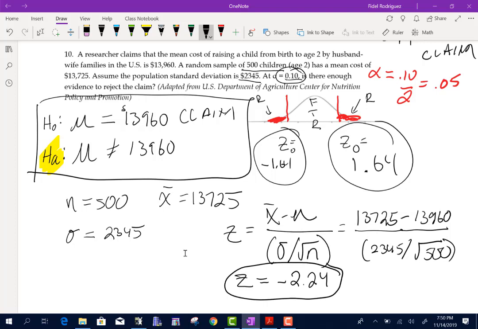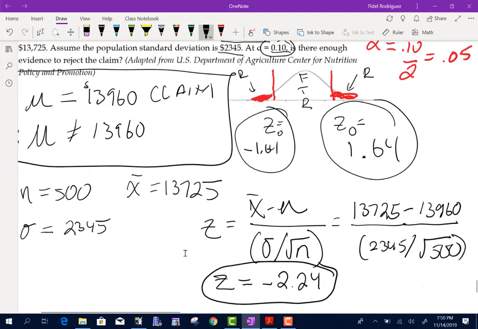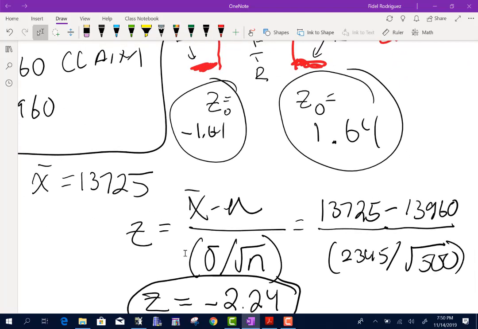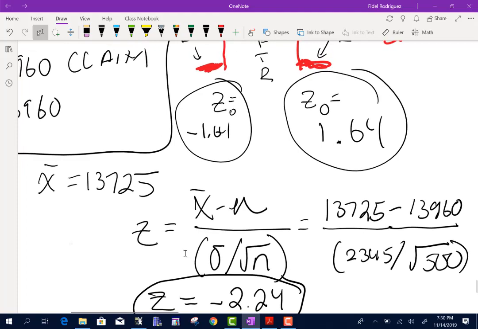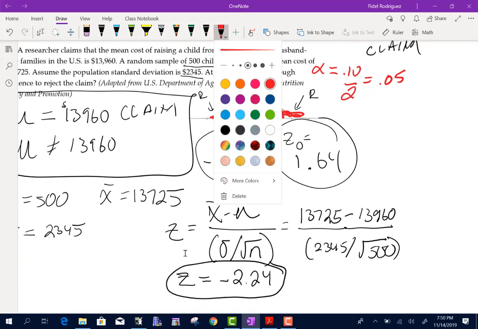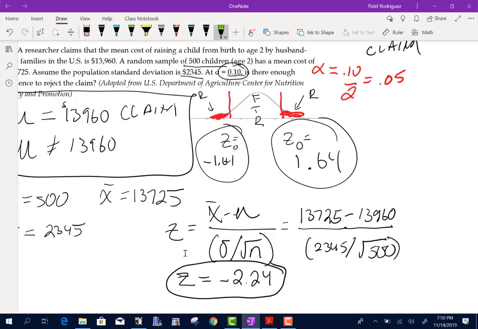Okay. All right. Now, what I want to do, guys, is I'm going to ask you a question. Negative 2.24. Would that value be in between here, to the left here, or to the right?